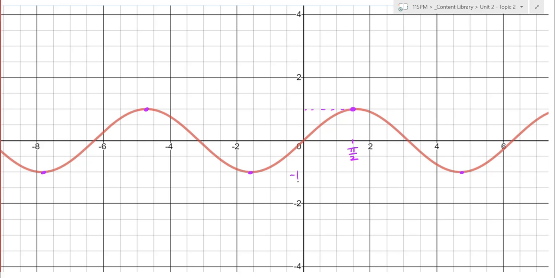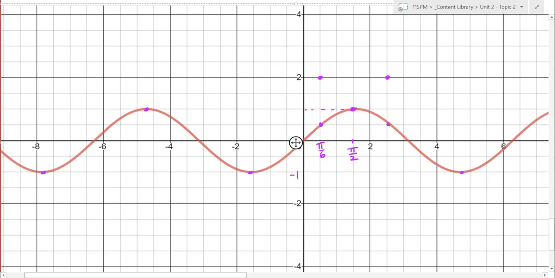Cosec is 1 over sine. That means if this is a half, that's pi on 6. Sine of pi on 6 is a half. What's 1 over a half? 1 over half is 2. So there's a mark there. Here's a half as well, so that's 2 as well.